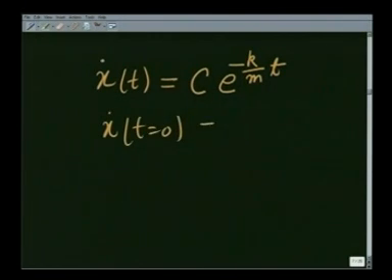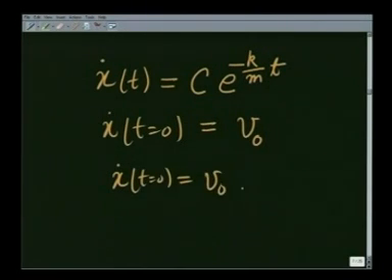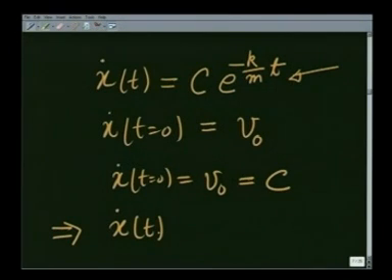I threw the particle with speed v0, and therefore I must have x dot at t equal to 0 is equal to v0, and when I substitute t equal to 0 here, I get this is equal to c. Therefore my general solution is x dot, that is the velocity of the particle, equal to initial velocity v0 e raised to minus k over m t.